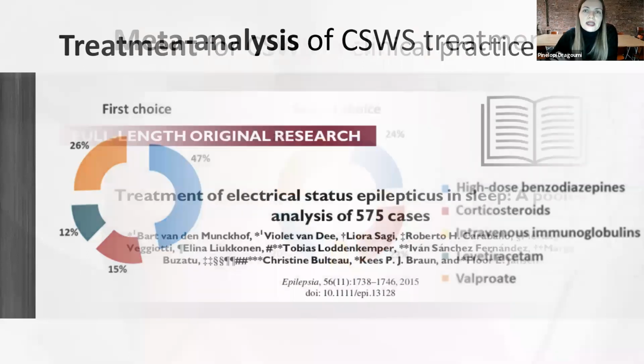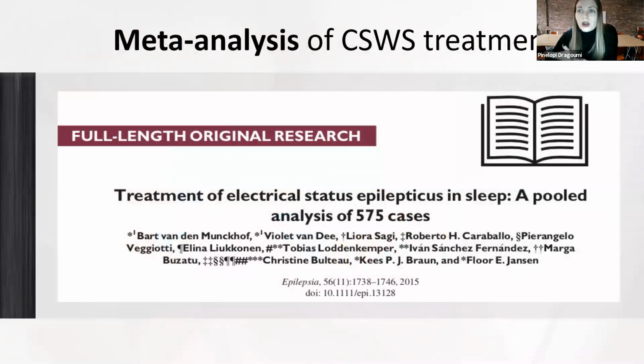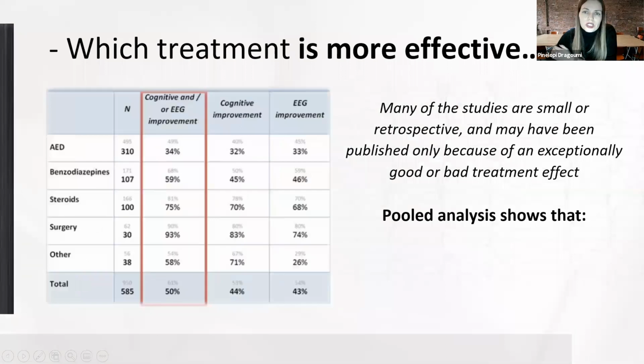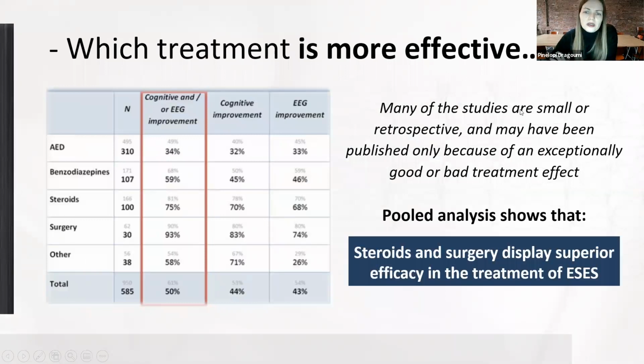But there was a meta-analysis of treatments to see which are the most effective for this condition, and the pooled analysis of a lot of retrospective studies showed that steroids and surgery, when we have structural cases, are the treatments of superior efficacy.